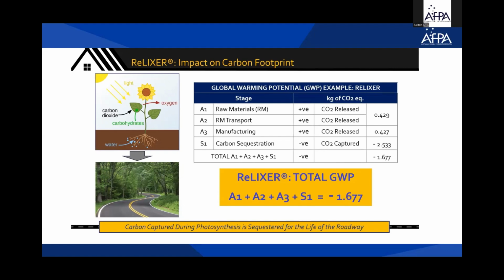The S1 number comes about because of capture of carbon dioxide from the atmosphere by the plant in the process of photosynthesis in the presence of sunlight to make the seed that is then used to extract the oils and buried on the roadway. So if you include all of these factors, you can see a net negative number, a net carbon capture per kilogram of Relixir used in your high RAP mixes.